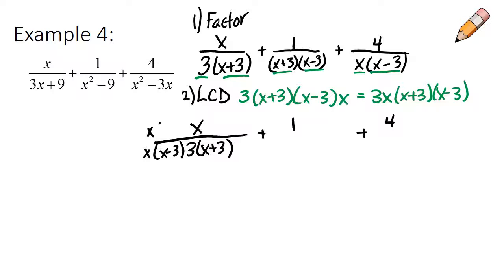So I'm going to multiply top and bottom by x and x minus 3. In the second fraction, I have an x plus 3 and an x minus 3, therefore it is missing a 3 and an x.